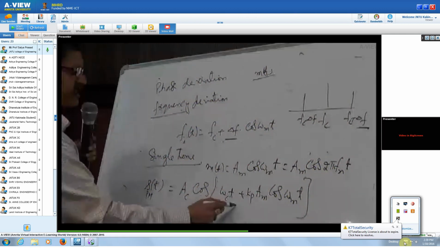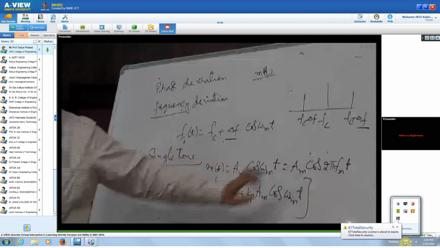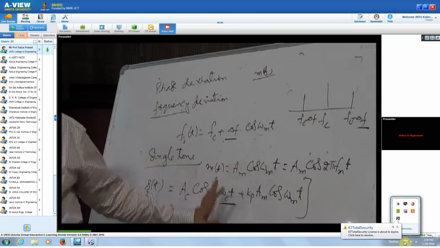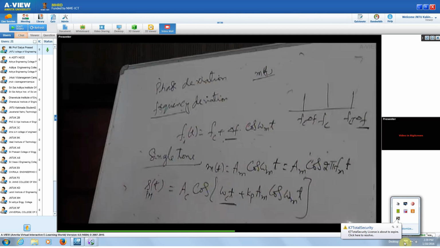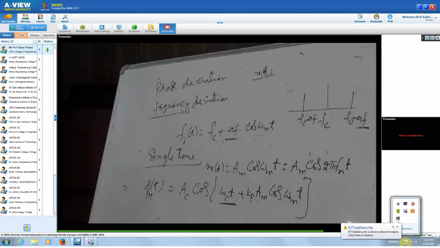This omega ct is the unmodulated phase when m of t is 0, or when cos omega mt is 0, or this total Am cos omega mt is 0.